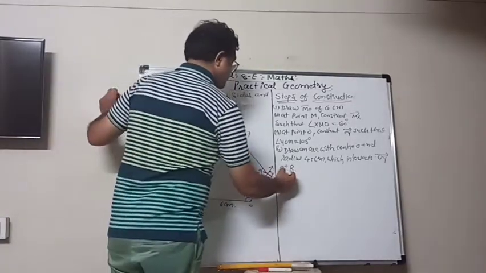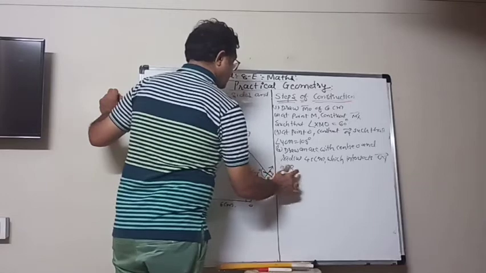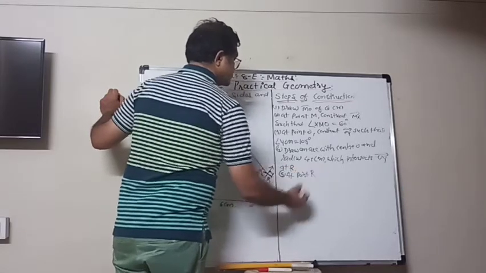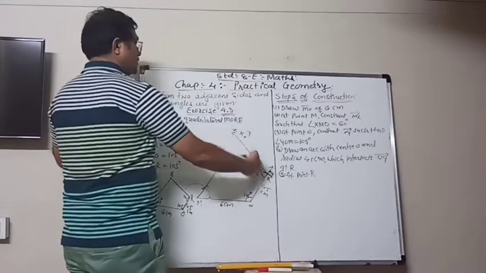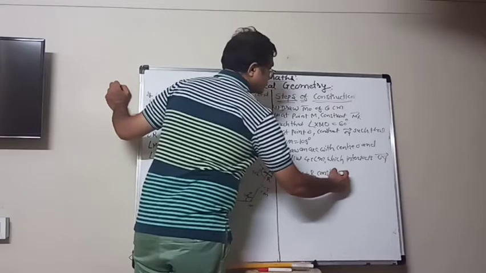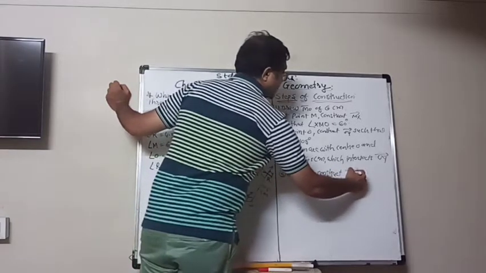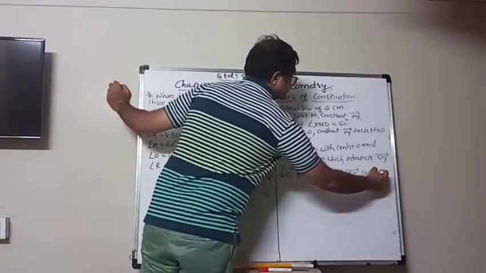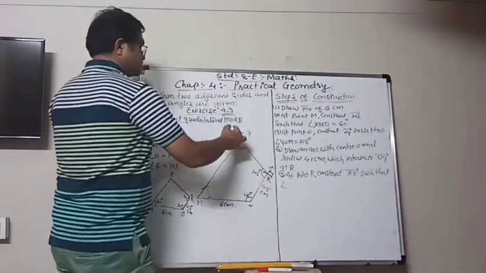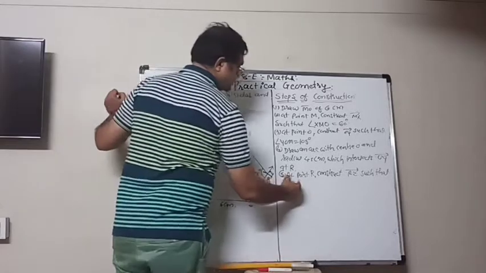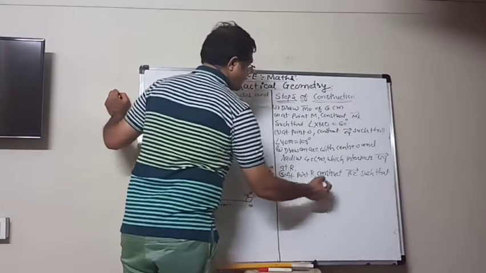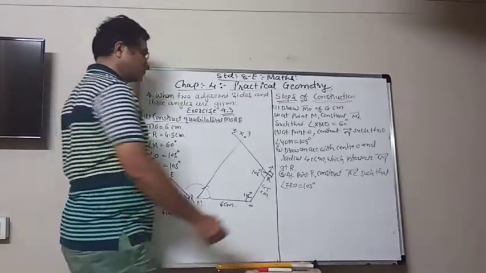So now at point R, construct ray RZ such that angle ZRO is equal to 105 degrees.